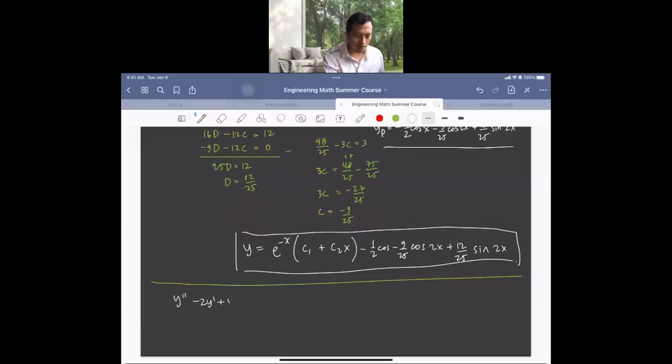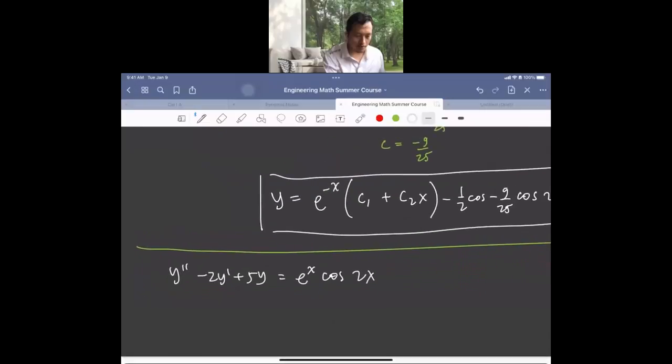If we have y double prime equal to e to the x multiplied with cosine 2x, not finding the solution, but I will just show what we can do if we see e to the x cosine 2x.